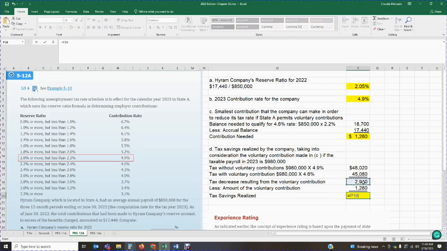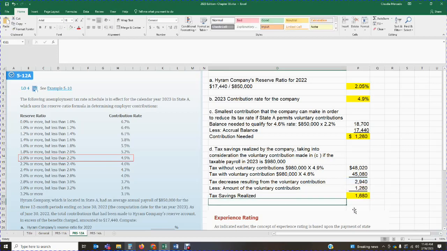But in order to get that reduction in taxes, I had to pocket out $1,260 to put into my reserve account. That money is there available for me to use in case I have unemployment benefits that need to be paid out. All I'm doing is contributing an additional amount.